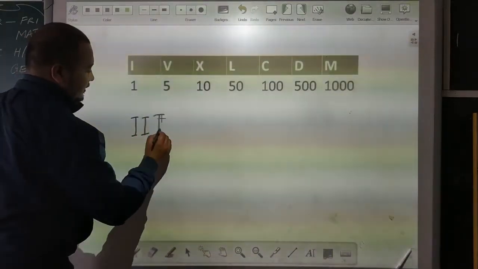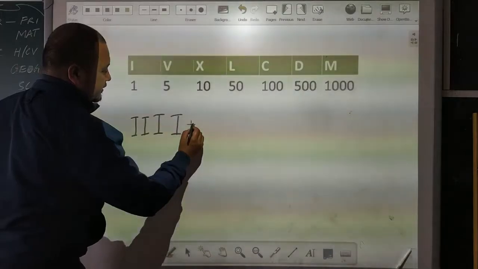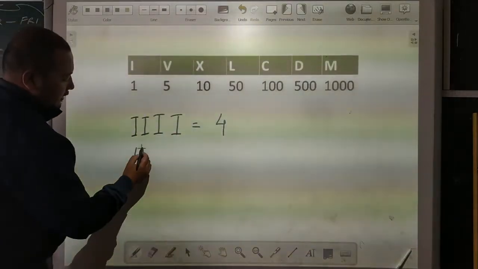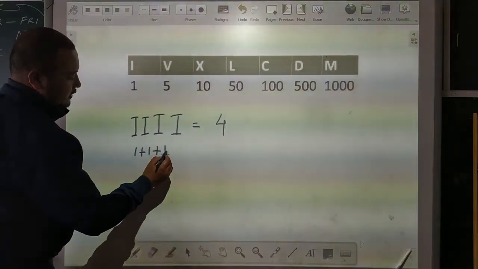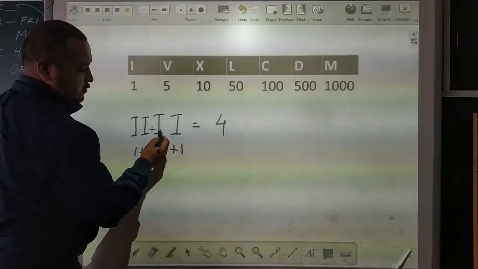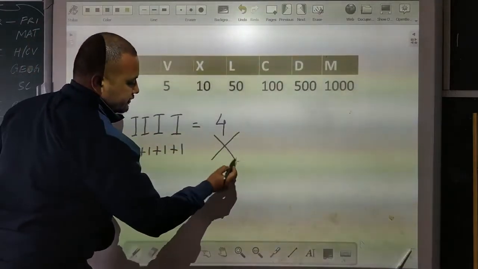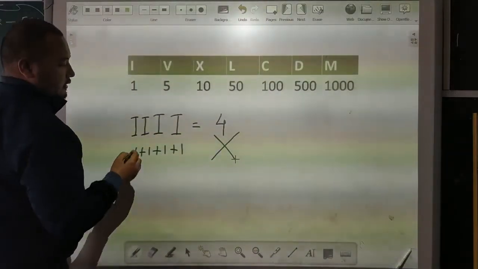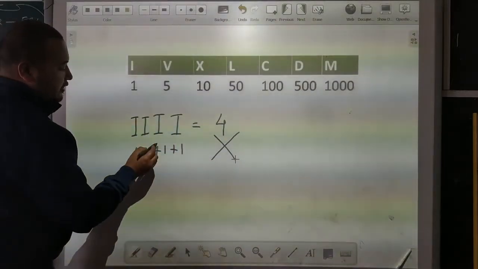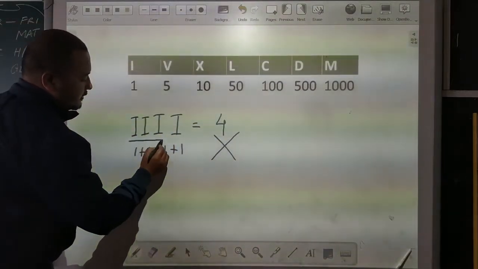Now what if I write I, I, I, I? Is this equal to 4? Because it is 1 plus 1 plus 1 plus 1, so it should be equal to 4. No, this is wrong. The same symbol, as I told you earlier, should not be repeated more than 3 times.